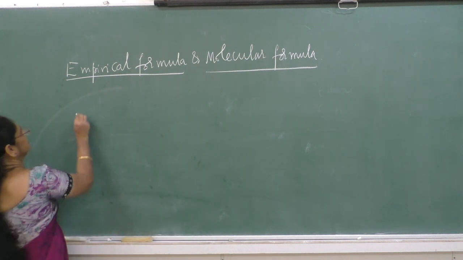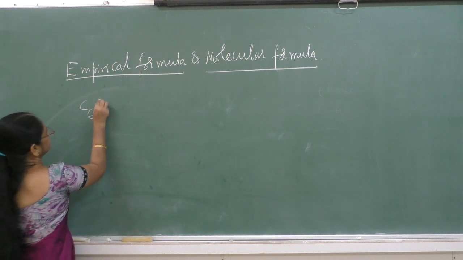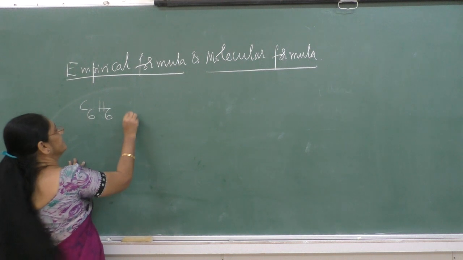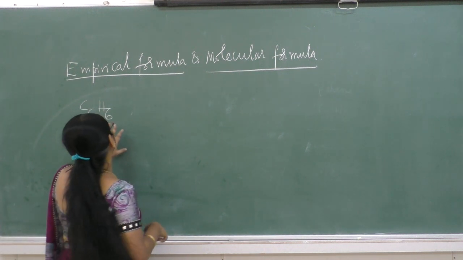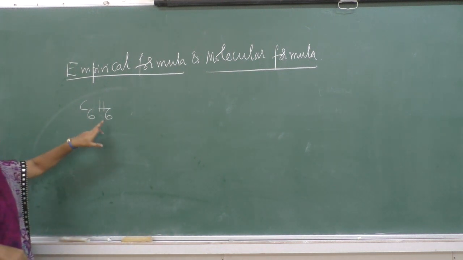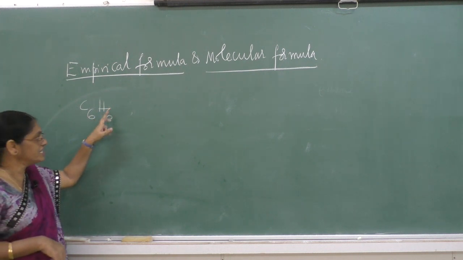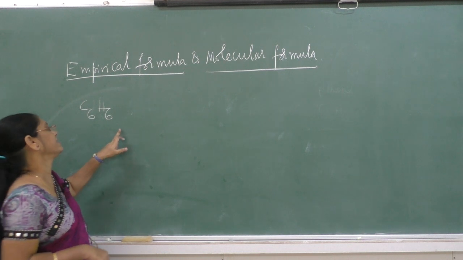For example, the molecular formula of benzene is C6H6, which means in benzene there are 6 carbon atoms and 6 hydrogen atoms.